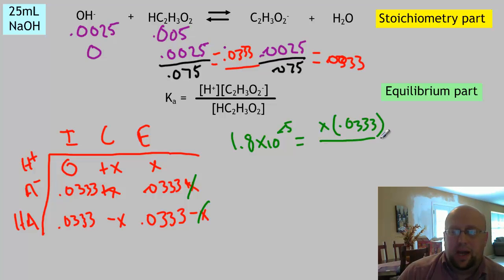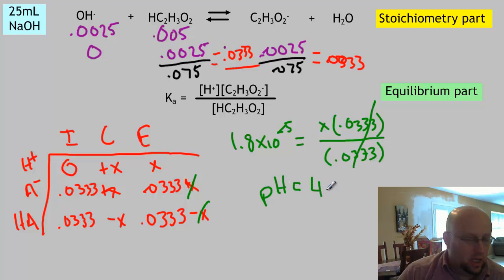In fact, in this case, your math is even easier because since these are both the same concentrations and we got rid of the x on both of them, we just cancel them out. And so x actually equals our Ka value. X equals 1.8 times 10 to the negative fifth. And so that means that when we plug that into our pH value, we're going to get, I think, 4.74. Okay? Now, jump back to our graph.